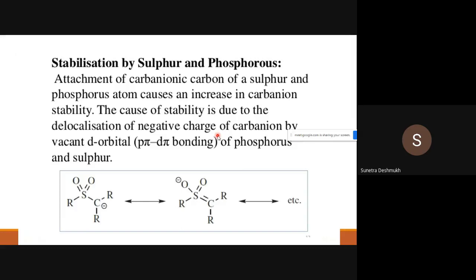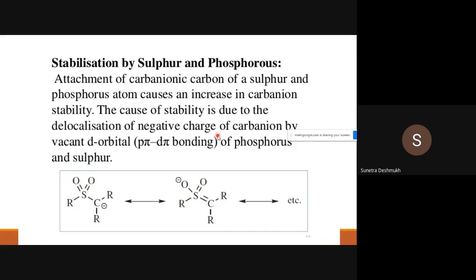The attachment of a carbanionic carbon, that means the carbon which possesses negative charge, to a sulfur or phosphorus atom causes an increase in carbanion stability. This negative charge again finds a position to delocalize on the sulfur atom or on the phosphorus atom.